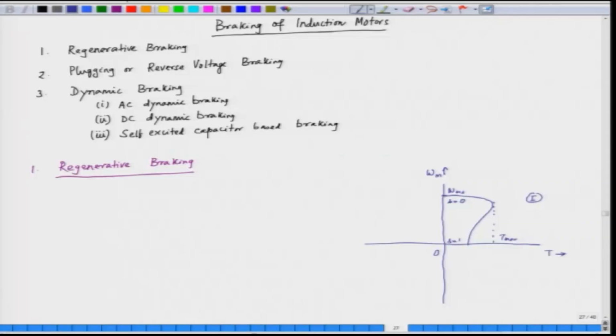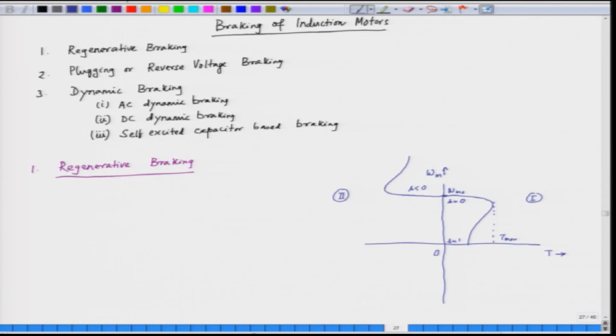The characteristic enters into the second quadrant. In the second quadrant, the speed is higher than the synchronous speed, so the slip becomes negative. When the slip is negative, torque is also negative, and the power is also negative, which means the power is fed back to the supply.